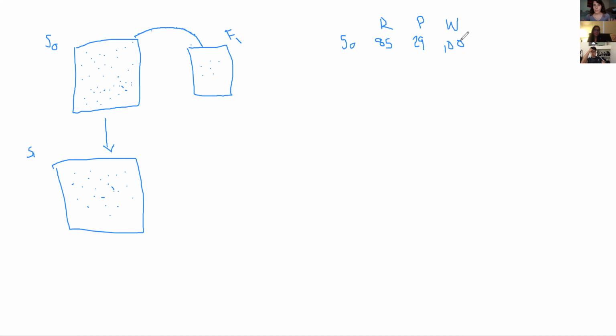Now we want to understand the genotype frequencies of this original population. To get that, we're going to add these up. I think the math is right on this: 214. So there were 214 flies total in this S0 generation.